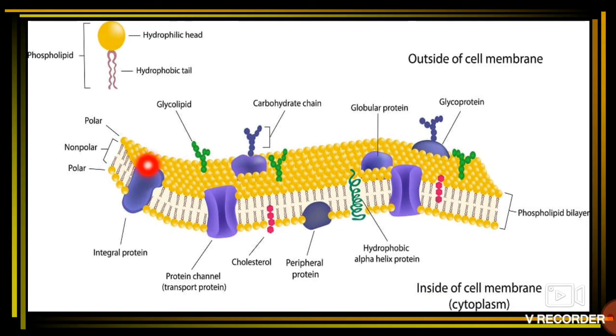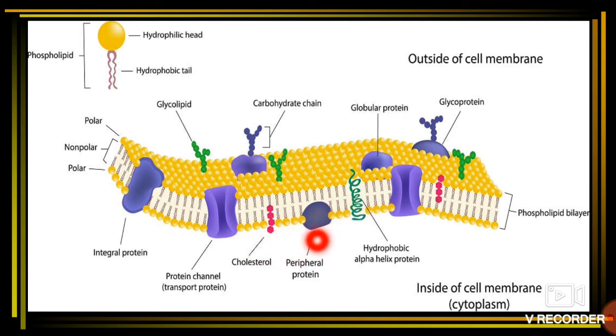Now here we are going to see what actually this plasma membrane is. You can see here two layers are there. One layer is this side, another layer is this side. So it is a lipid bilayer. The plasma membrane is made up of two layers of lipid, that's why it is a bilayer. And you can see these blue colors, these indicate the protein, and there are some glycolipids, some glycoprotein, some globular protein, some channel protein, integral protein, and peripheral protein, meaning the protein which is found on the periphery.